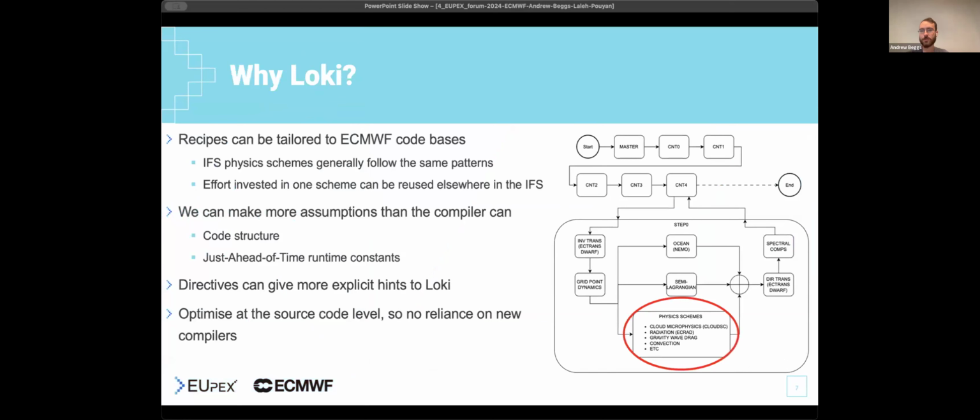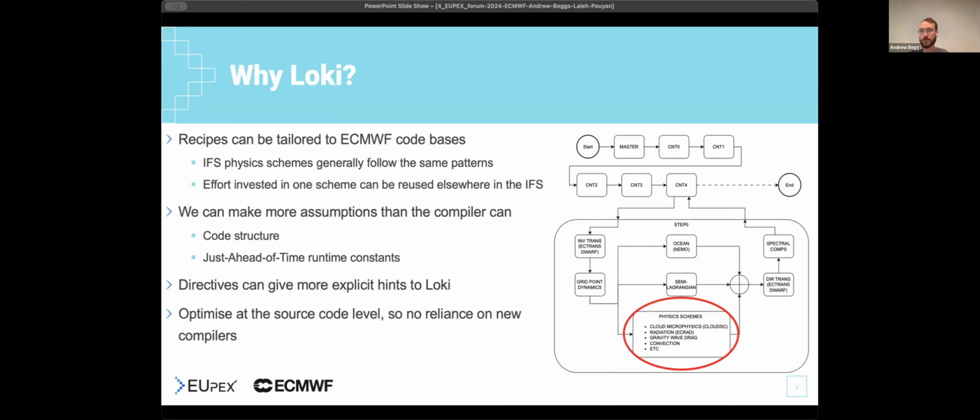So the question then becomes, why do we go for Loki? Why don't we just go for another tool? One of the major reasons is that it's developed by us. It's our tool. We can tailor it to our code bases. I've brought up again the diagram of the IFS, and you can see I have these groupings of all the physics schemes.